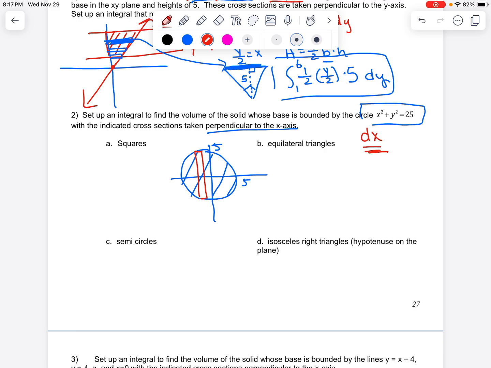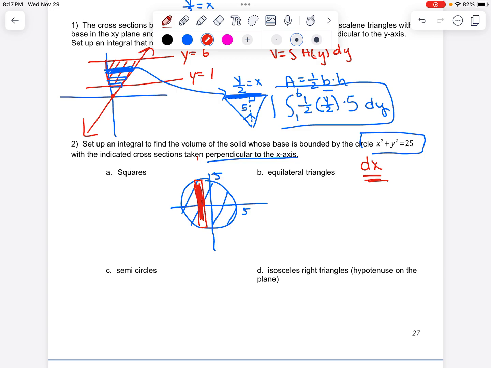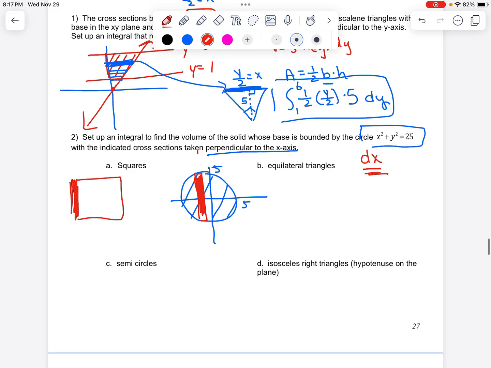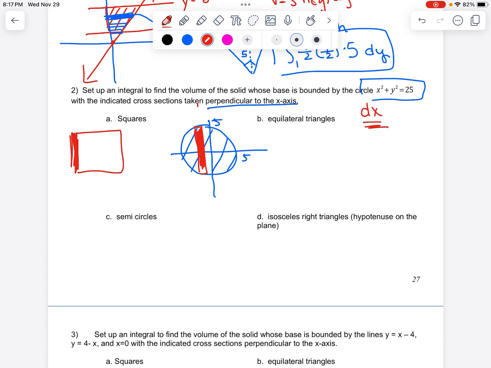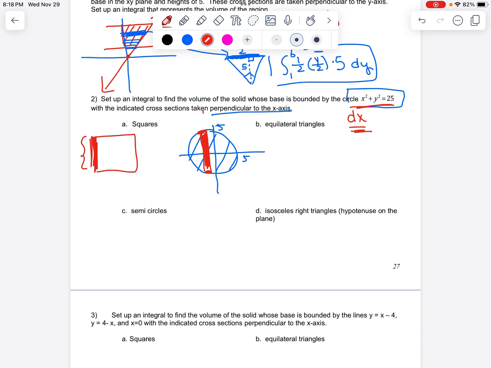The first cross section is a square. So that means one side of the square is this side right here, this rectangle that I drew. So this is my square. Remember, we just need to find the area of that square. So I just need to figure out the side of this square. So notice we go top of the rectangle to the bottom. This is the equation of this circle.